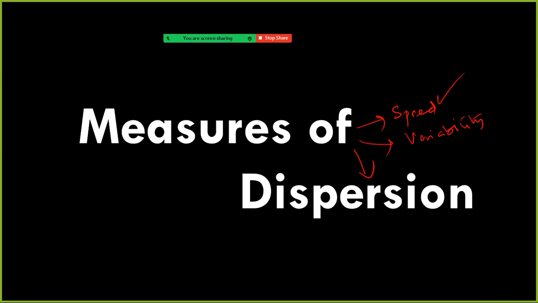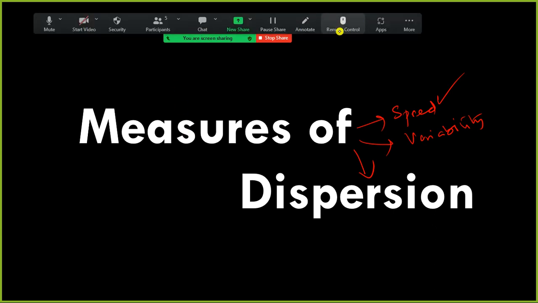So far we discussed the measures of central tendency. As part of that, we discussed what is mean, median, mode. Now we are going to learn a different topic by the name of measures of spread or dispersion. Both the measures of central tendency and dispersion fall under descriptive statistics.